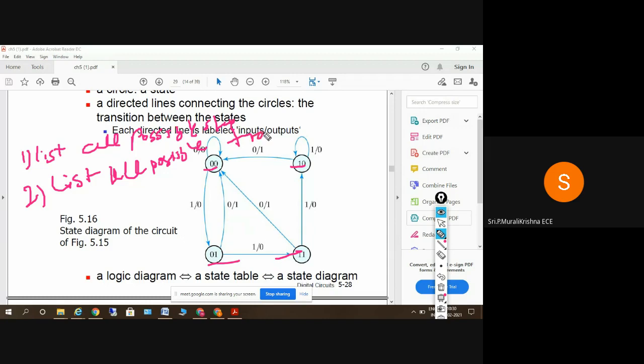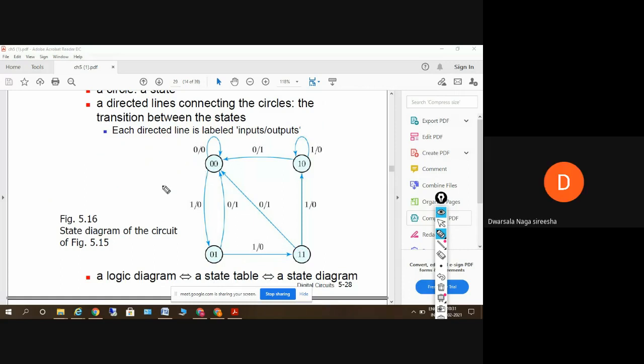The meaning of transition is nothing but, on application of input, the change of the state is called a transition. The change of state on application of input is called a transition. Clear? Yes, sir. So take this diagram as the state diagram.